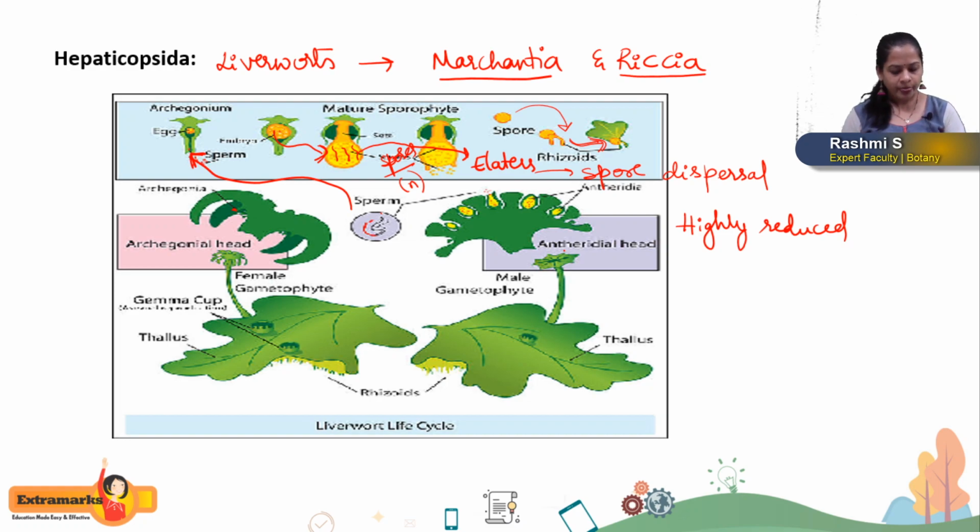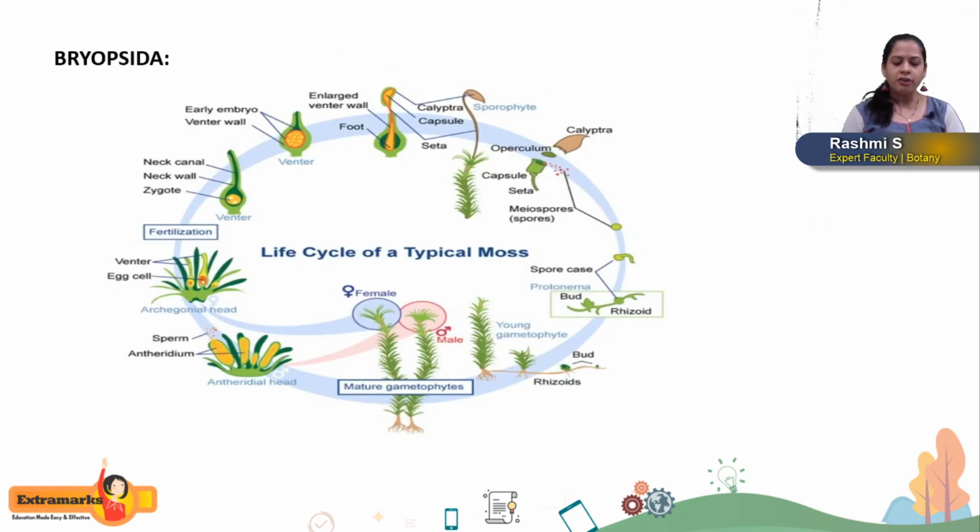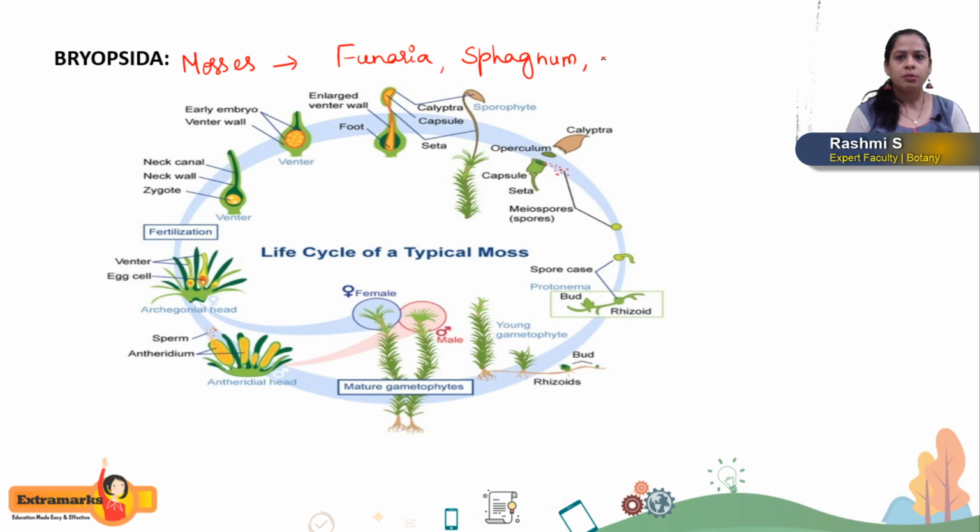Then in case of another division of Bryophyta, that is Bryopsida, which includes mosses such as Funaria, Sphagnum, Polytrichum, etc. In case of mosses, you can see here, these are gametophytic plant bodies.